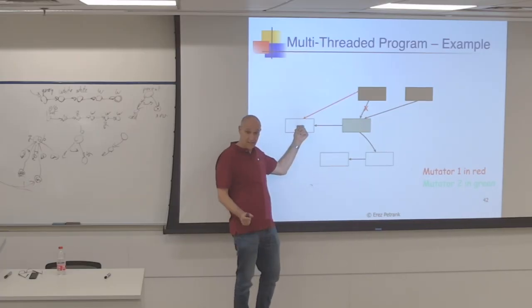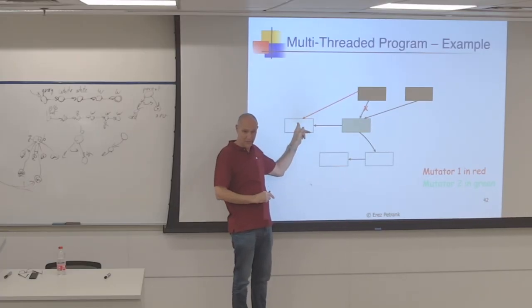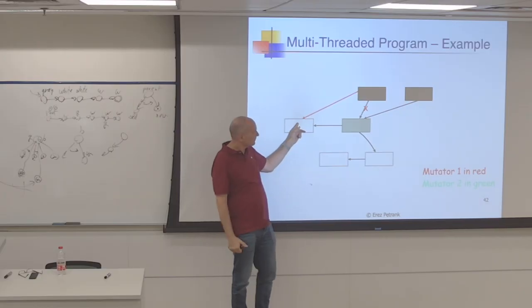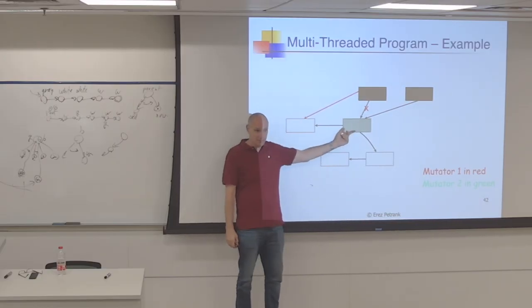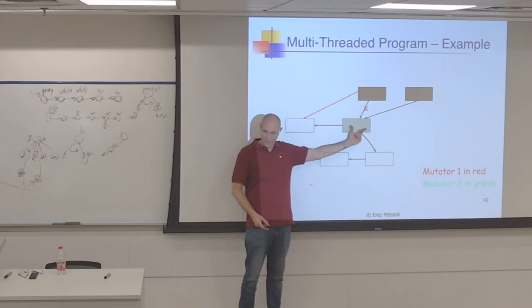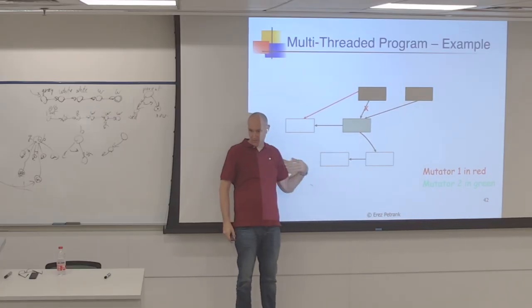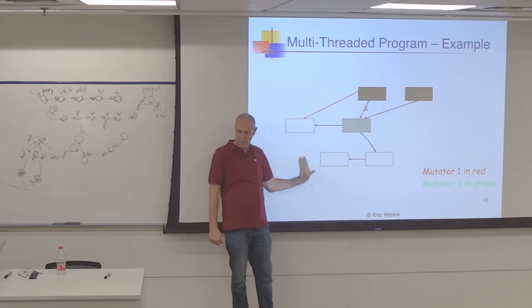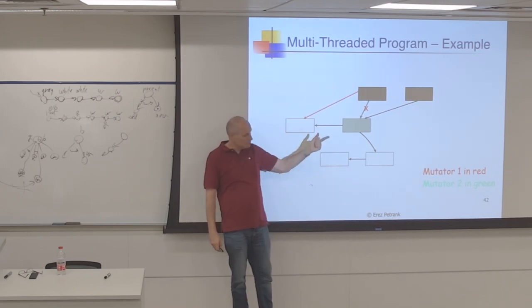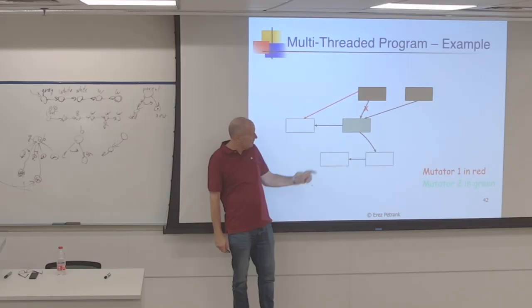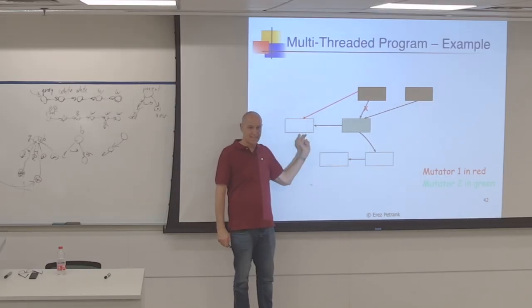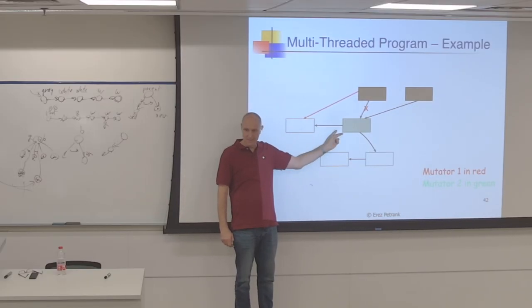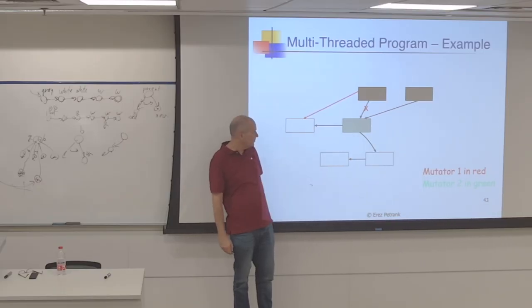If I let it do one more step, it will make it gray, but I don't. But if the collector was let loose now and had to finish the tracing, it will find this, it will make this gray, everything will be good. But now I let the second mutator, the green mutator, do a modification that kills this saving path. There's this way to get to this white node.